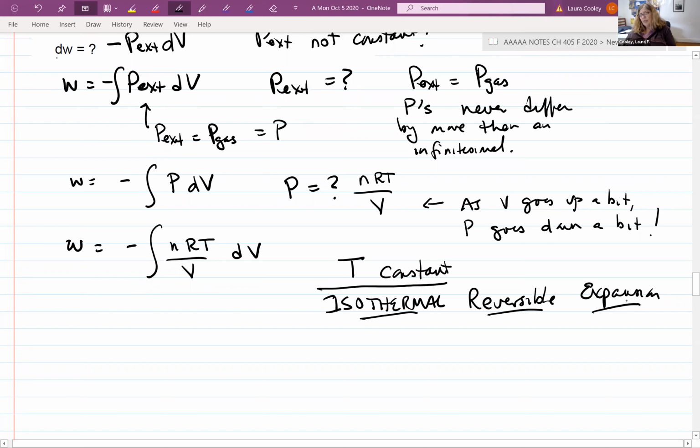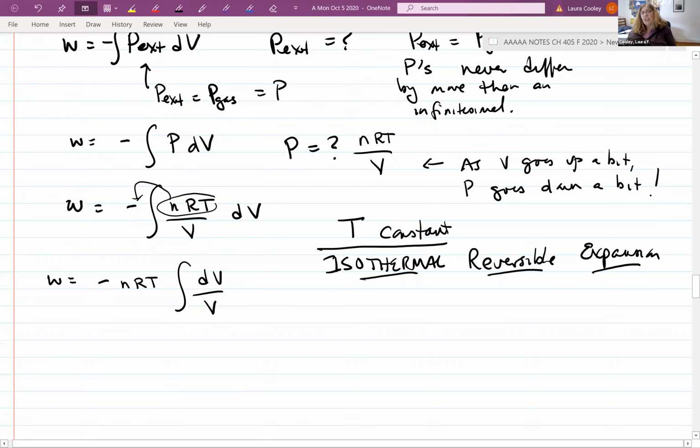Now we have an isothermal reversible expansion. So if T is constant, I can take all of these guys out of the integral, minus nRT, the integral of dV over V.